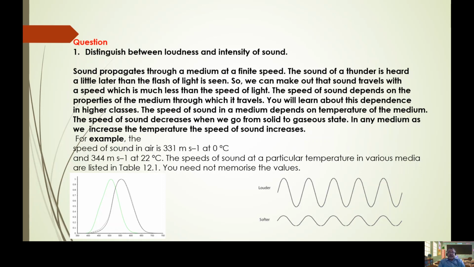In any medium, as we increase the temperature, the speed of sound increases. For example, the speed of sound in air is 331 meters per second at 0 degrees Celsius and 344 meters per second at 22 degrees. The speeds of sound at particular temperatures in various media are listed in table 12.1. You need not memorize the values.